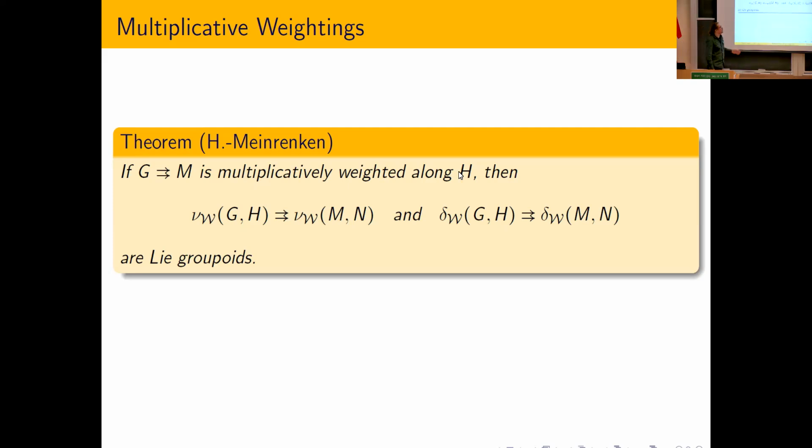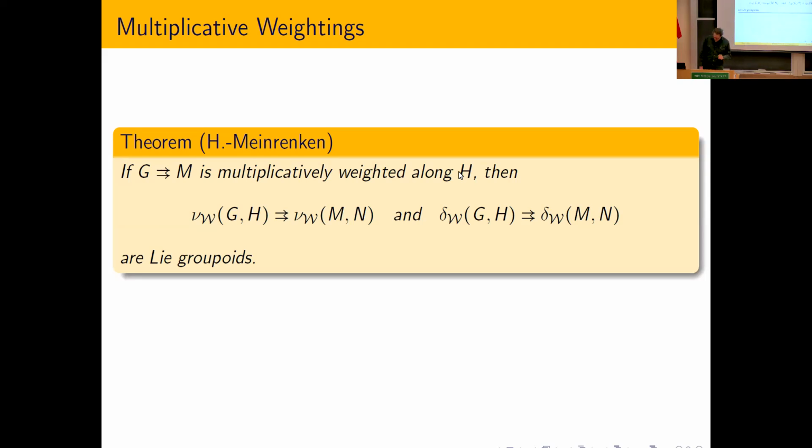And part of the groupoid structure here is determined completely by functoriality. Namely, the source and target are given by applying the weighted deformation functors. And those two maps being submersions, which is necessary for a Lie groupoid, is equivalent to our definition of being a weighted submersion. So you can't do anything else.